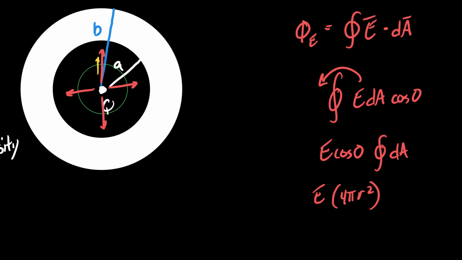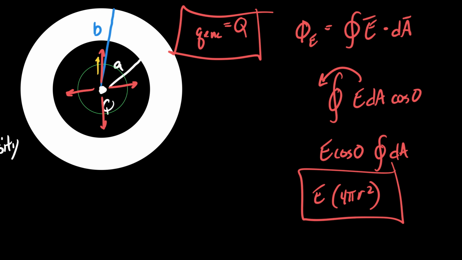Now, the next part is to remember that we have to look at the charge enclosed, and that's just going to be Q. So we've done charge enclosed, we've done flux. Q enclosed equals epsilon naught times the flux.